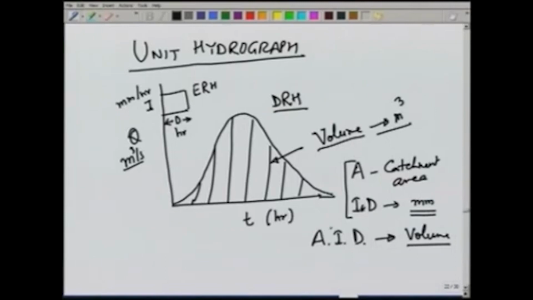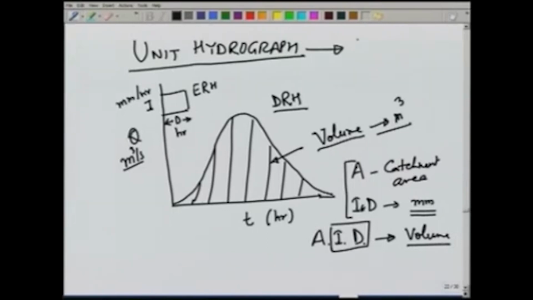So, this I into D is the amount of rain which is falling in terms of depth. This is the depth of rain falling over the whole catchment area, and this will be different for different duration and different intensities. So, when we talk about unit hydrograph, we say that we normalize the depth of rain to a unit quantity.